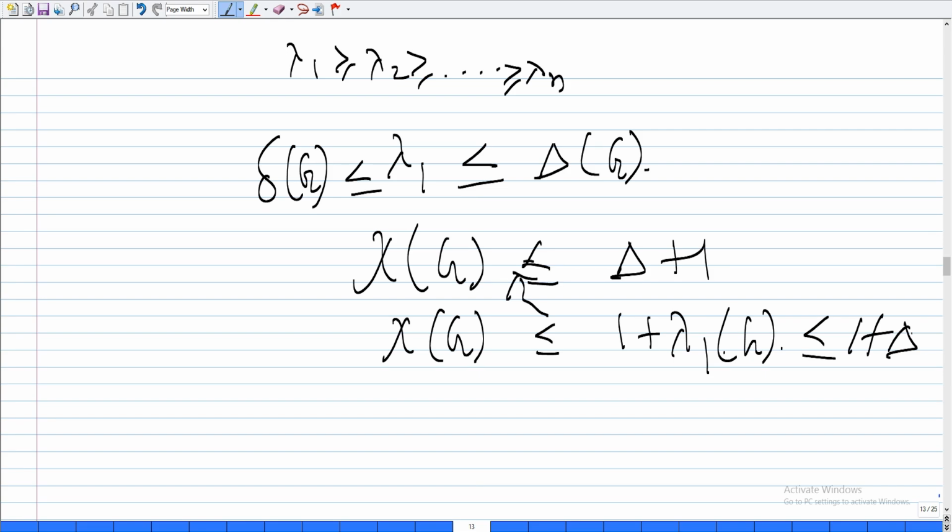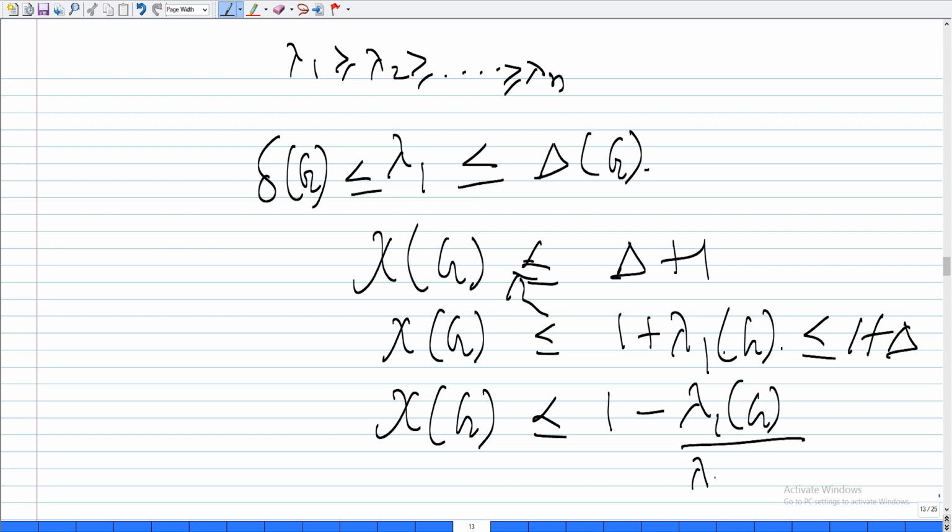There are also many other results which connect the chromatic number and the eigenvalues. One more such result is that chi of g is going to be less than or equal to, and this will be a kind of surprising result for you, 1 minus lambda 1 over lambda n of g.